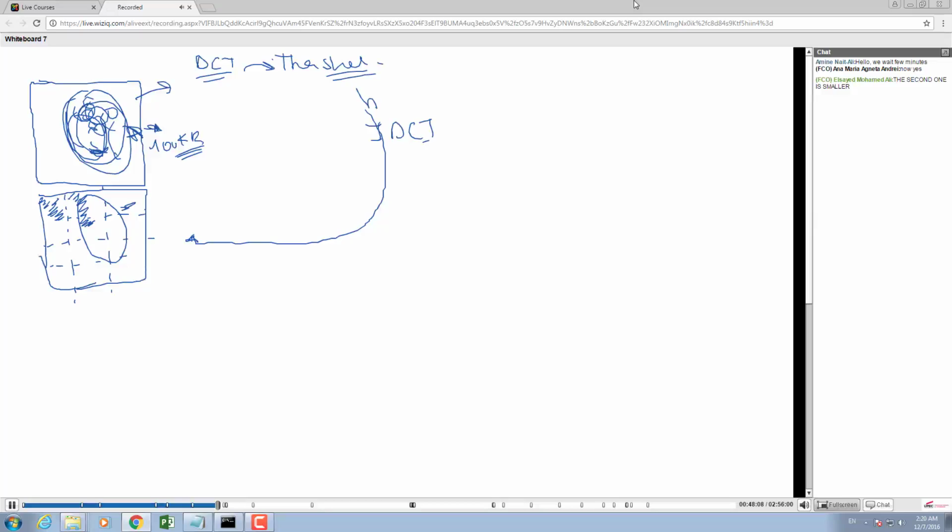When you remove high frequencies, it means you will blur your image. The second point, you will add some artifacts on your image, and using JPEG, you will see these artifacts on the image. So the quality of the fingerprint will not be so good.